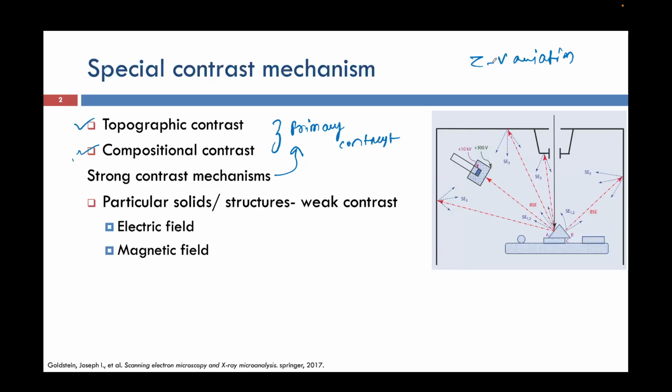Topographic contrast comes when, instead of a flat surface, there are different features like pores or a fractured surface present in my sample. Then I will get topographical contrast. So these two are the primary contrast mechanisms.